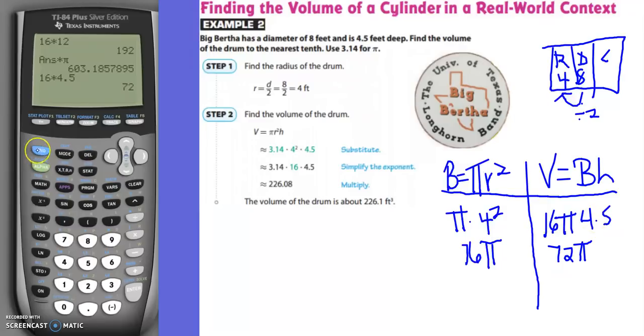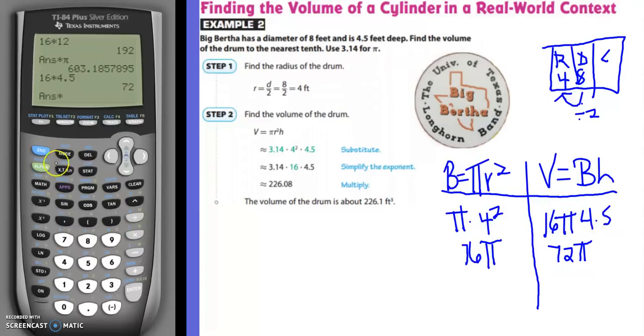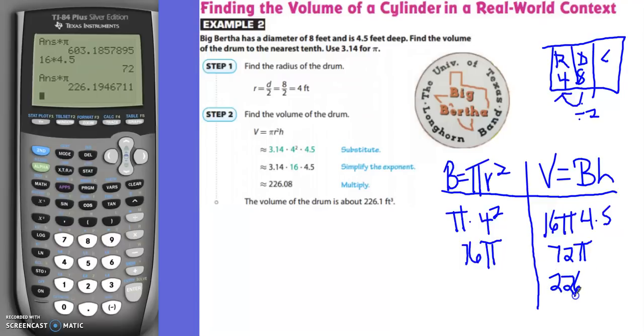So we're going to do 72 times pi. We're going to get 226.2 and feet cubed.